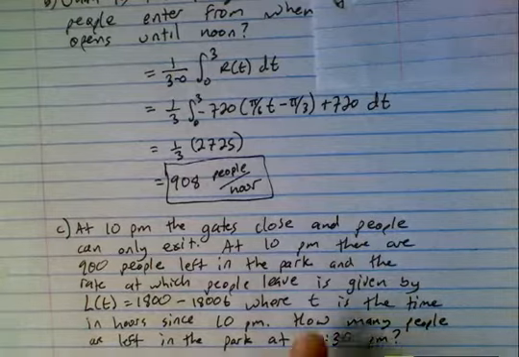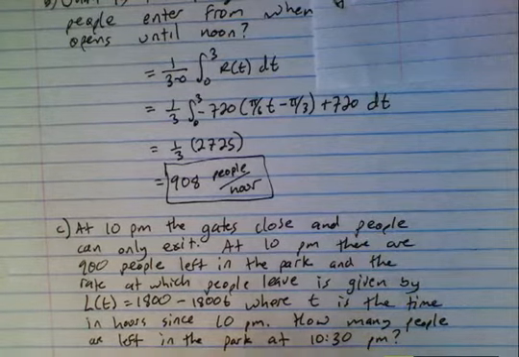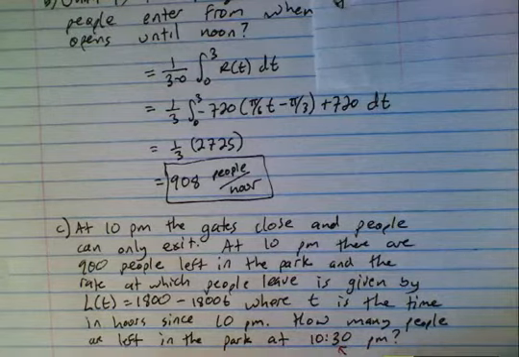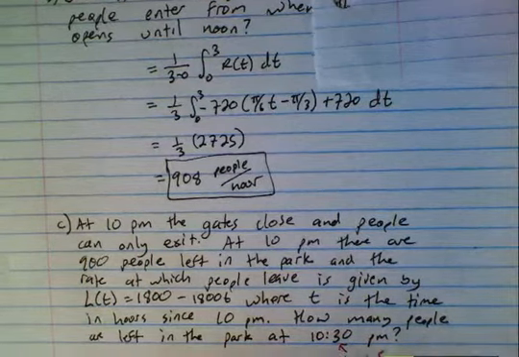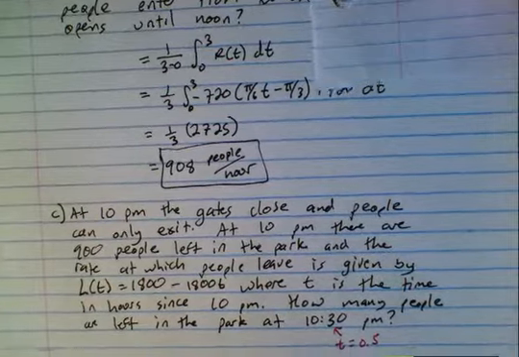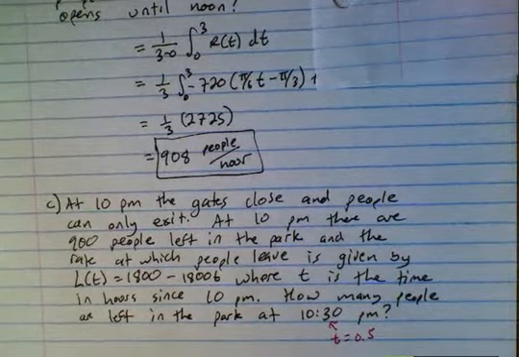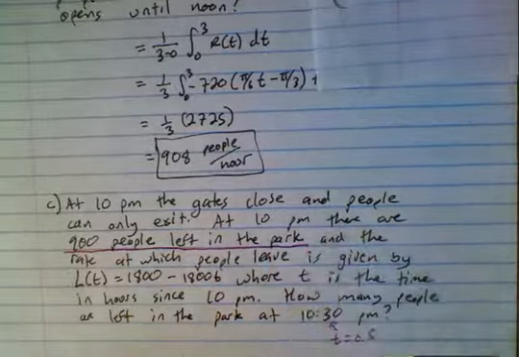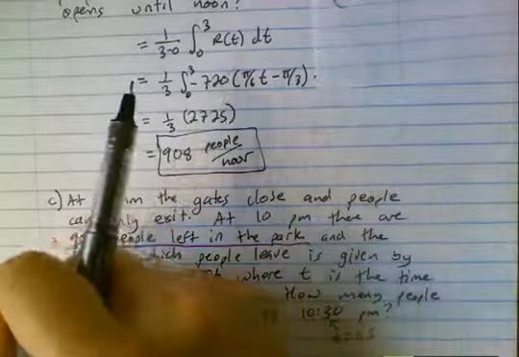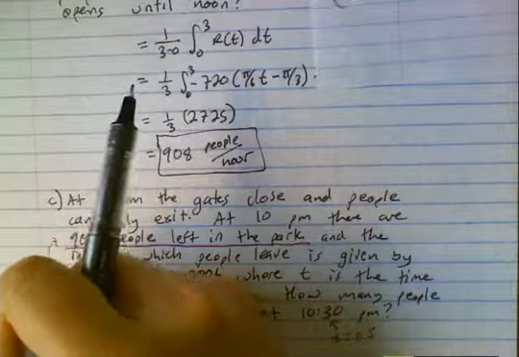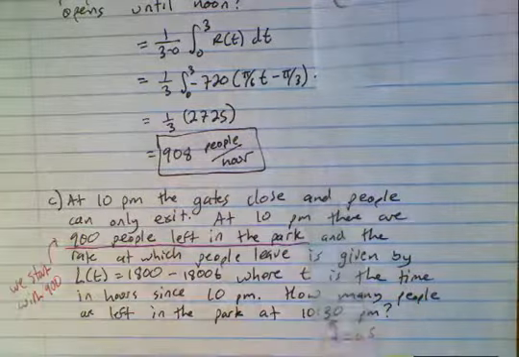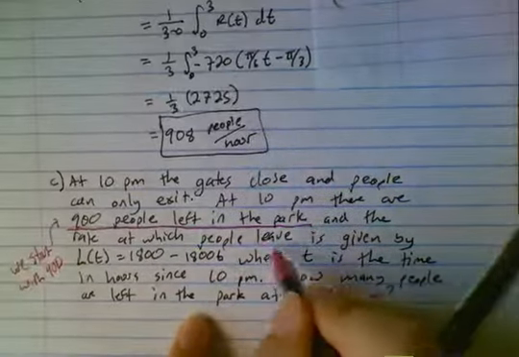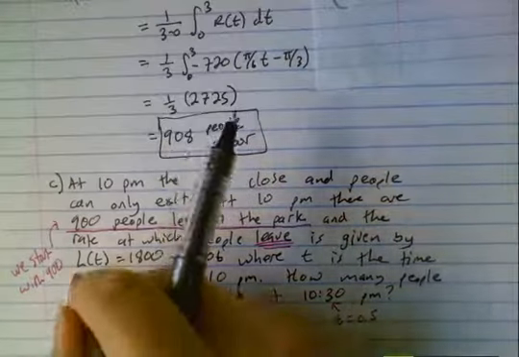Okay, so since t is the time in hours since 10 p.m., 30 minutes is half an hour, so that means that t equals 0.5 right here. The key thing to realize with this problem, and where it's different than the previous one, is that here we have 900 people left in the park, right there. So that means we start with 900, and then the rate at which people leave.